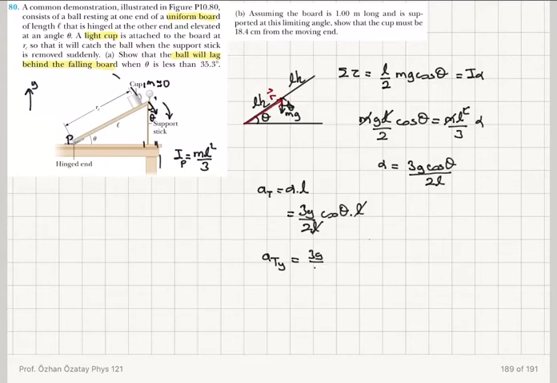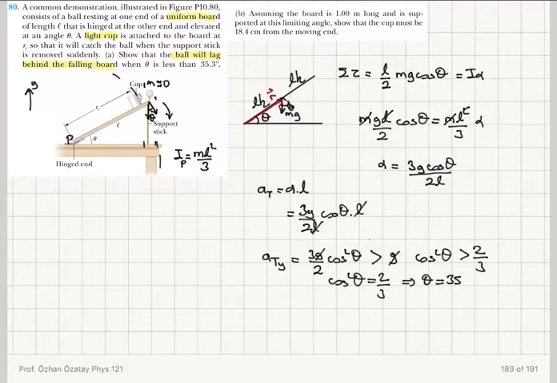And then if I take the y component of this one, this will be 3g over 2 cosine square theta. And I want this acceleration to be greater than g. So that means I want cosine square theta to be greater than 2 over 3.